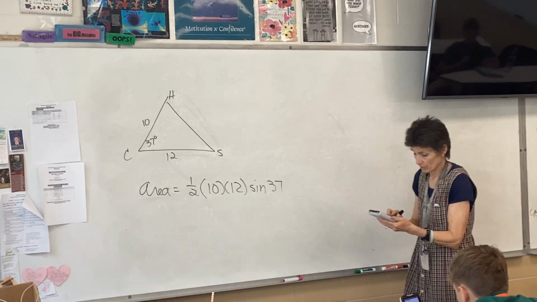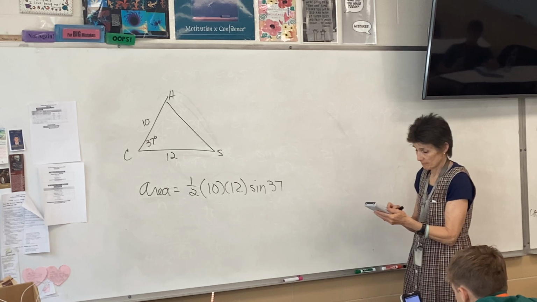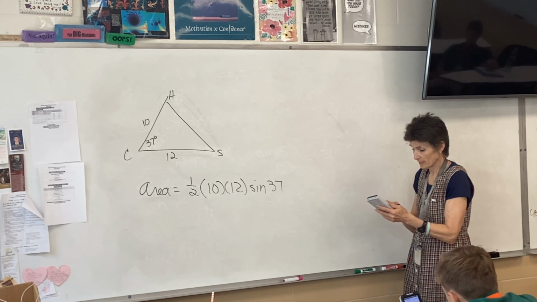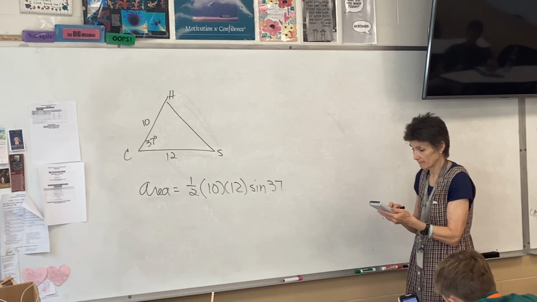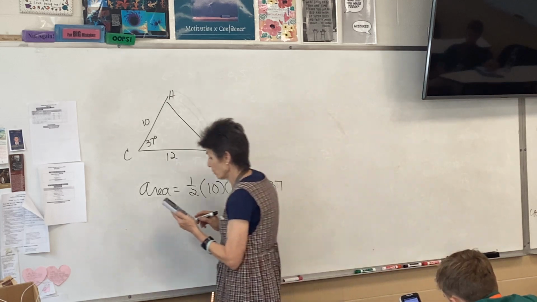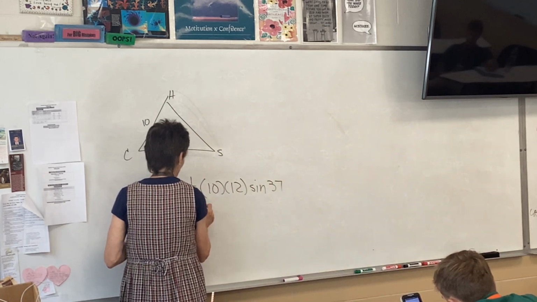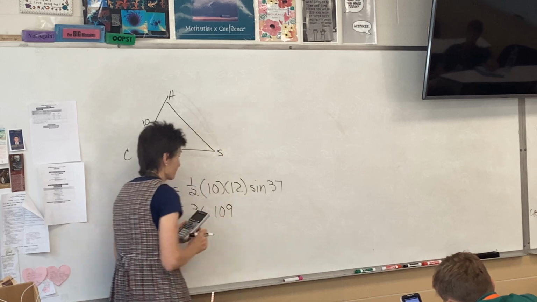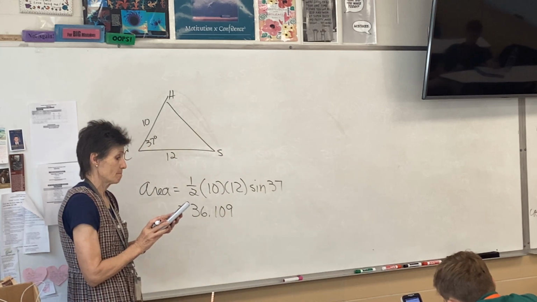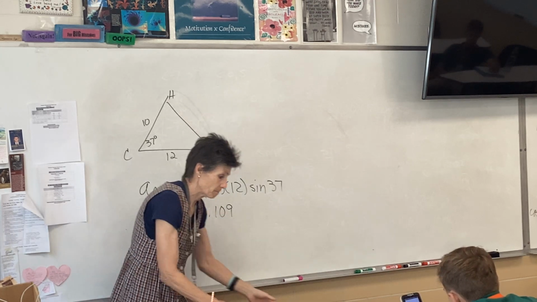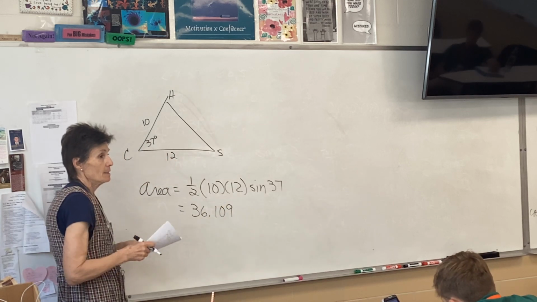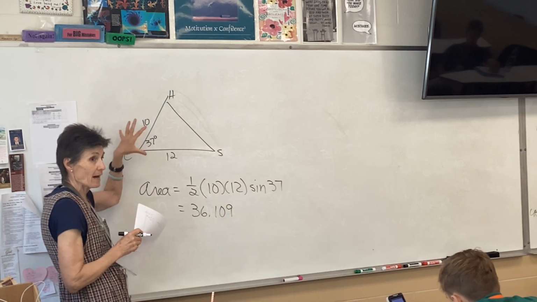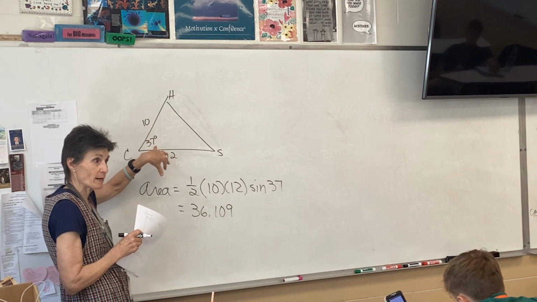That's a degree measure. So 0.5 times 10 times 12 times sine 37. 36.109. Know what you got? Easy peasy. Now, pay attention to how that information is situated.